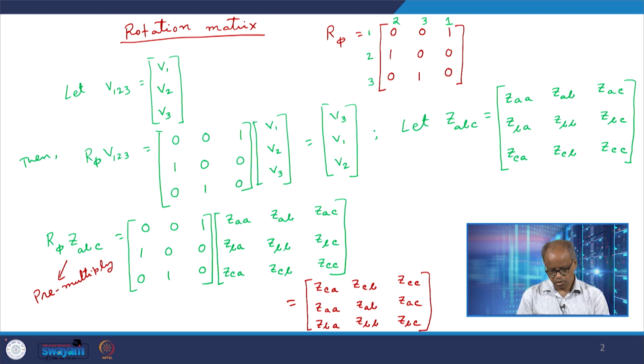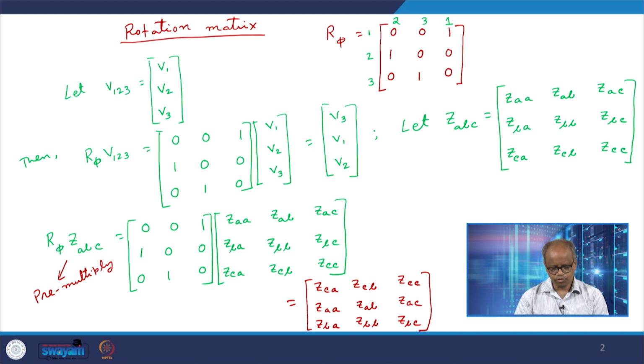In the last lecture, we started talking about the rotation matrix, which is used to represent the transposition of the transmission lines. We defined a rotation matrix R phi, with positions 1 2 3 2 3 1, and this matrix is 0 0 1, 1 0 0, 0 1 0.